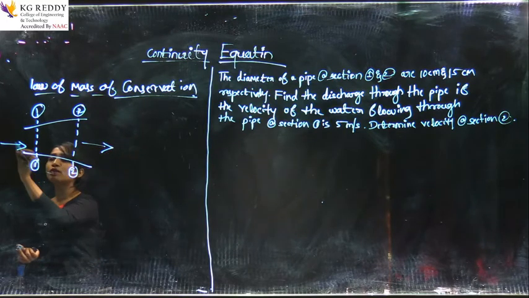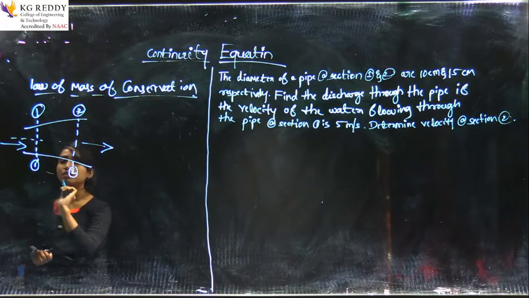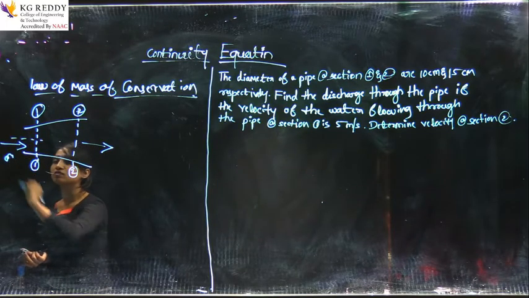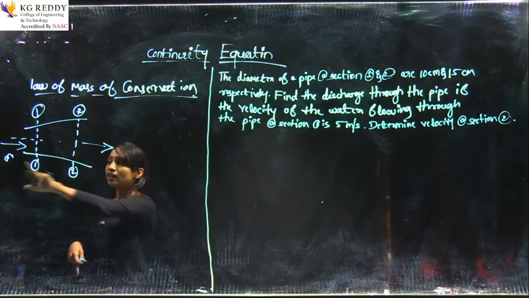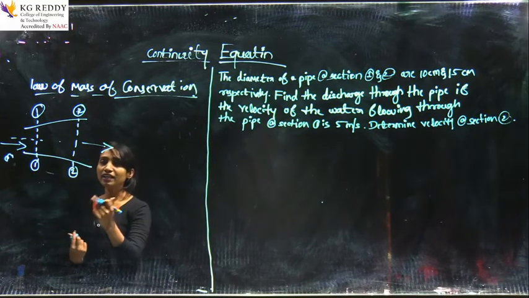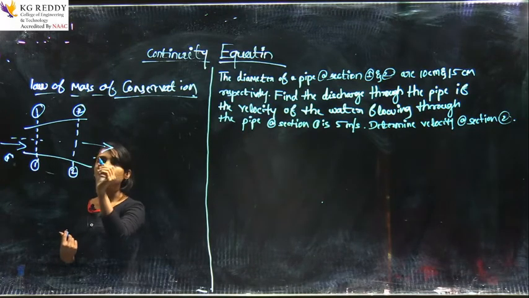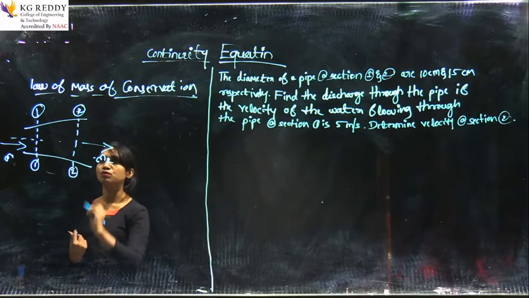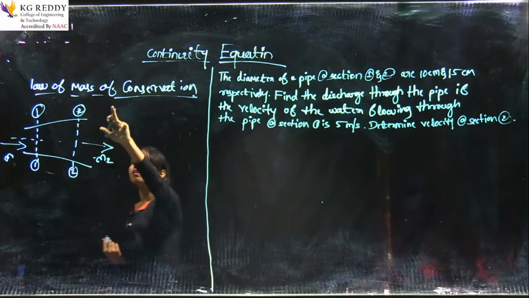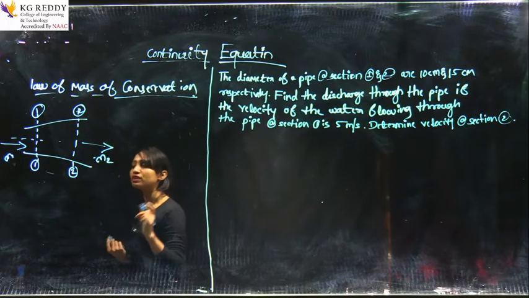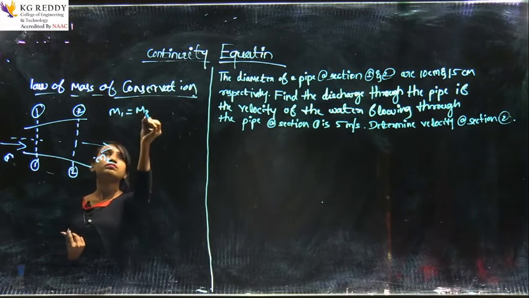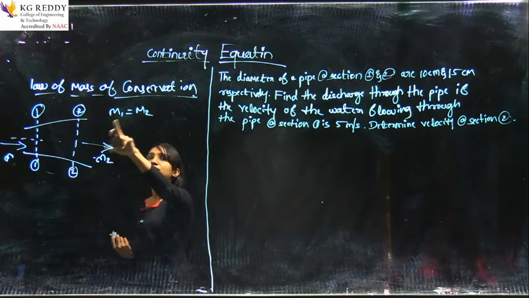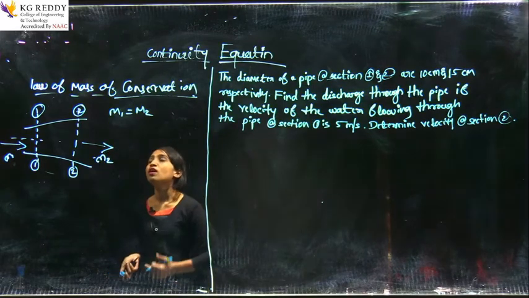For example, the water enters here with mass M1. When it comes out through the outlet of section 2, the mass is M2. According to the law of conservation of mass, it should be equal, that is M1 is equal to M2.